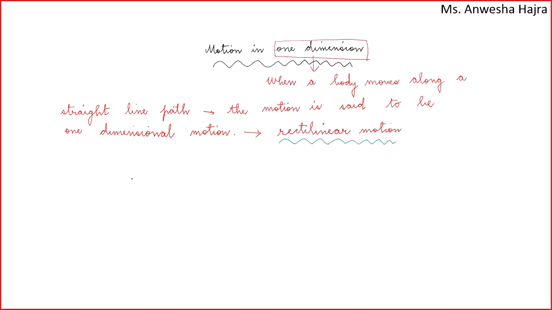Now, let us take an example. A boy is standing over here. He is walking along the straight road. At t equal to 0, x is 0. At t equal to 1 second, the boy comes over here, say x equal to 2 meter.